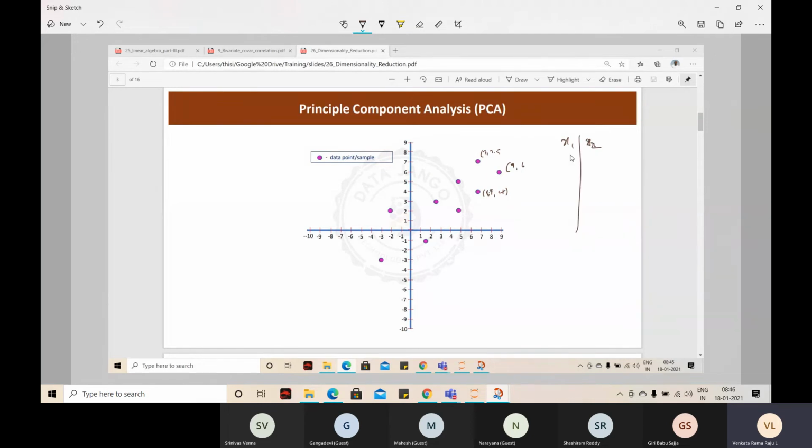We are not worried about the y variable, because PCA is an unsupervised learning technique. Okay, so the values are like this: 9, 6, and then 7, 7.5, 6.9, 4, like that the data is. Okay, this is the original data.